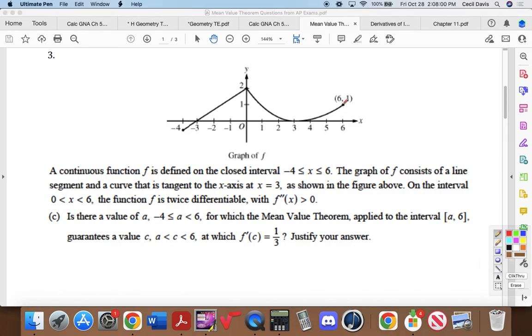One endpoint has to be over here at 6. Where is there a place where the average rate of change is 1/3? At 3. Because the slope of that line is 1/3.